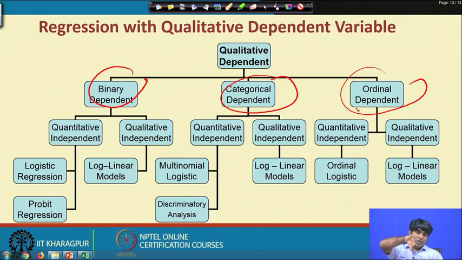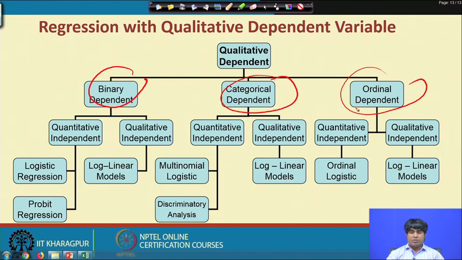Binary dependent means it is 0 1 only, the binary numbers. Categorical means the classification will be more than 2. In the binary case it is a 2-way classification: yes, no, 0 1, success, failure, male, female. These are the kind of examples where binary dependent will work.